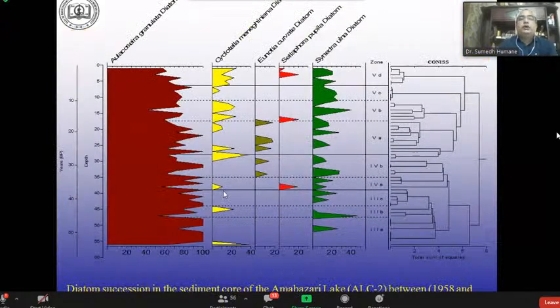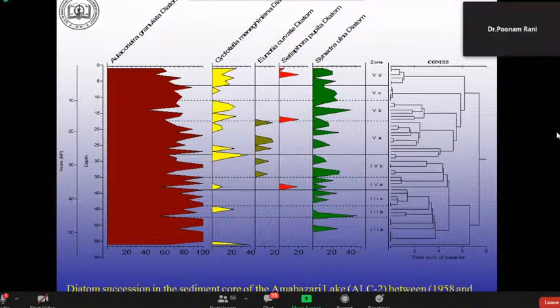Once you identify the relationship of the surface water quality with the diatoms, you can use it to extrapolate in the core samples. That is very important. Unless you have the present day database, you will not be able to talk about the past. So present day database generation is of utmost importance.